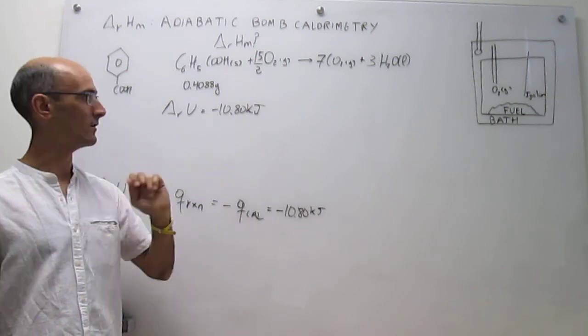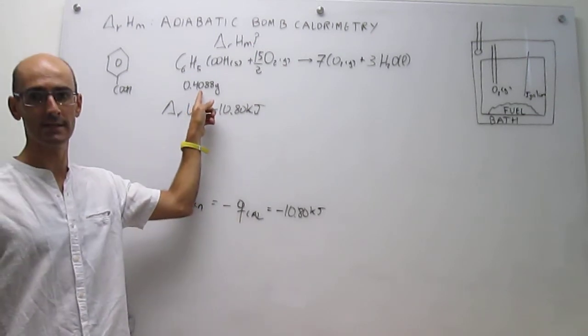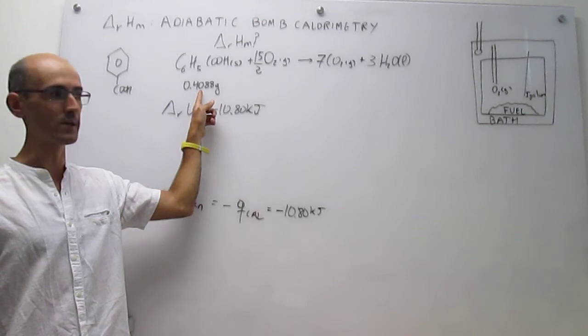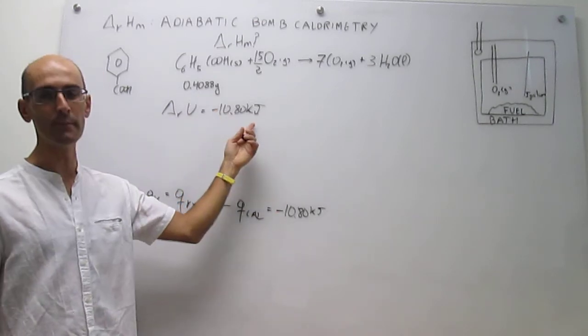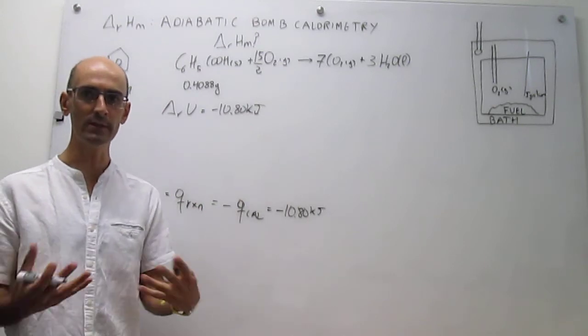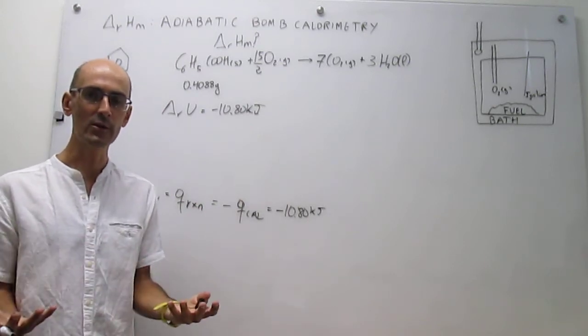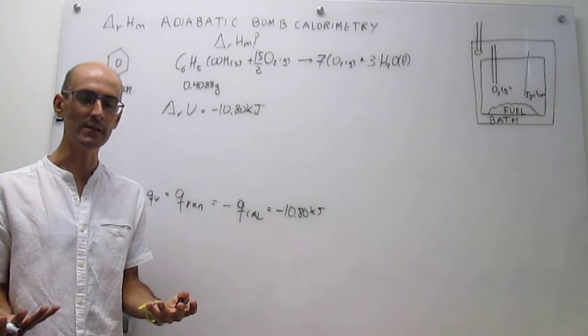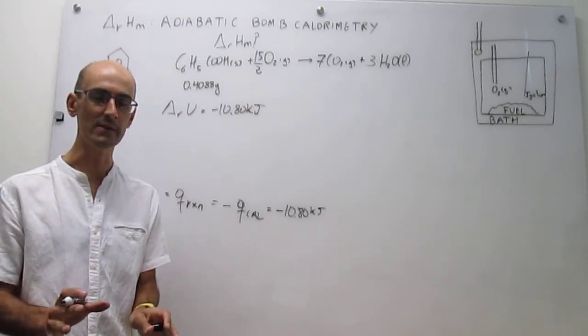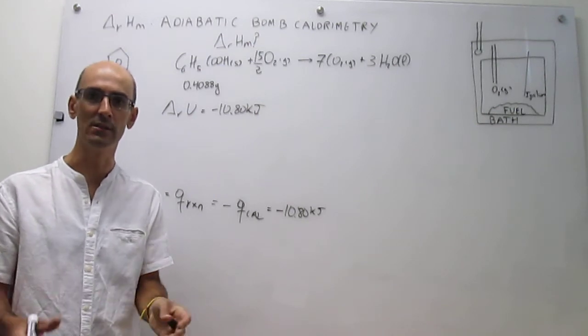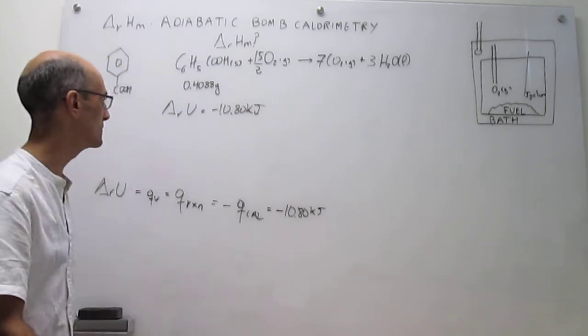So again, if you actually burn twice this amount of benzoic acid, the change in internal energy would be twice this number. To avoid this confusion, what we do is calculate the change in internal energy per mole, and that removes any dependence on how much initial sample you had. Okay, so let's try to do that.